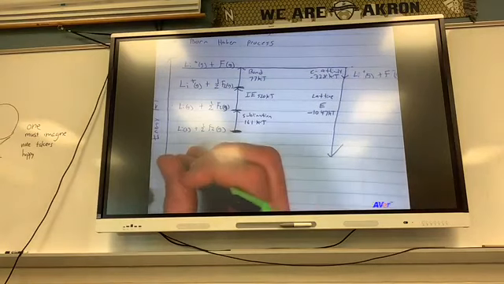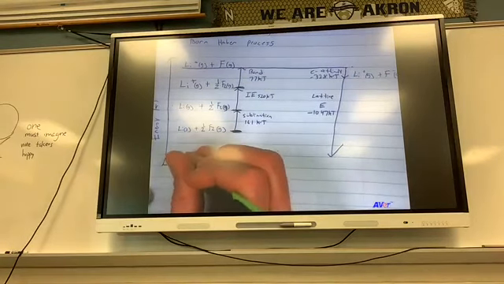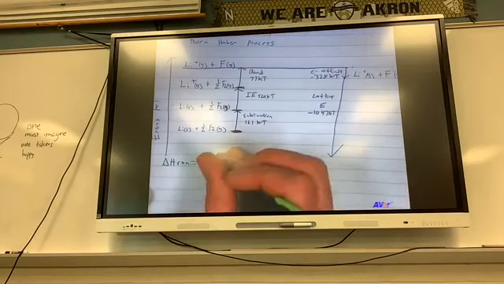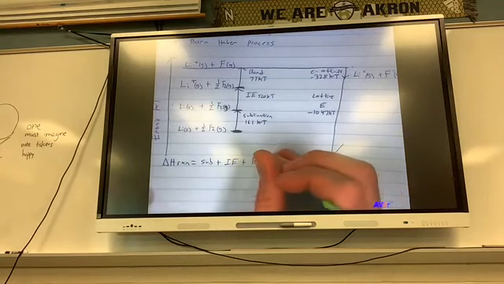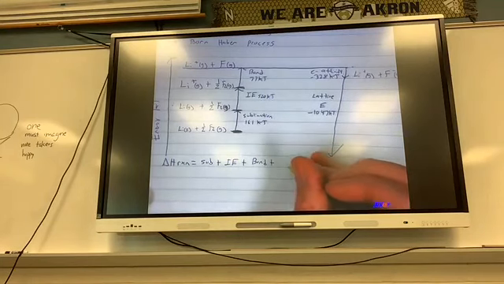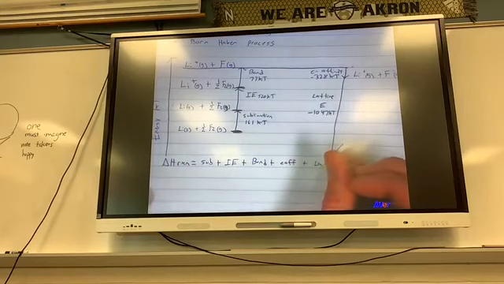So this is saying that my delta H of the reaction is equal to my sublimation energy plus my ionization energy plus my bond energy plus my electron affinity plus the lattice energy.